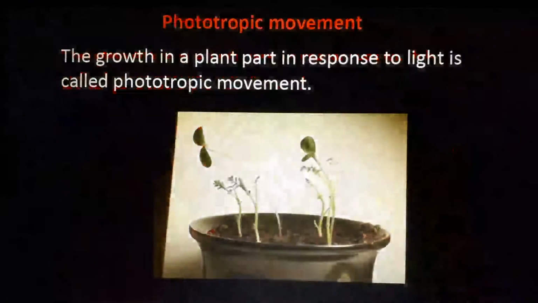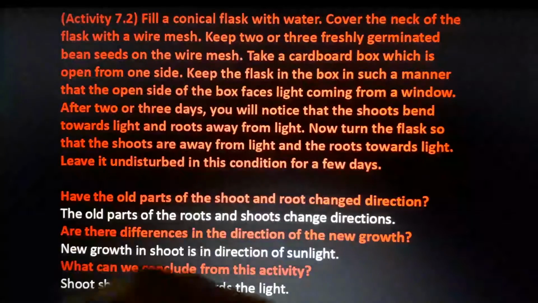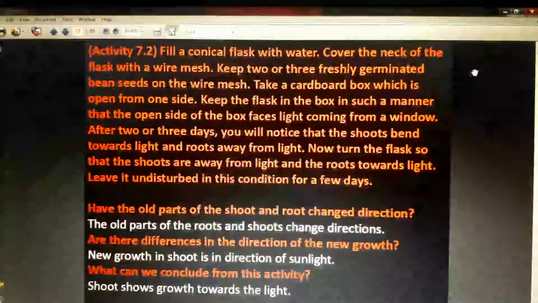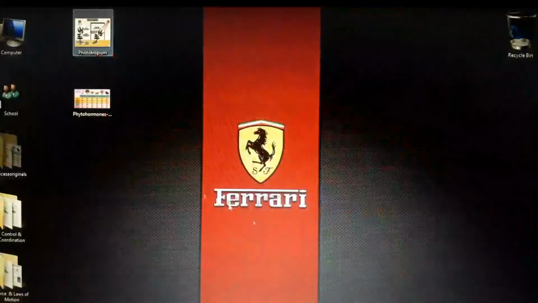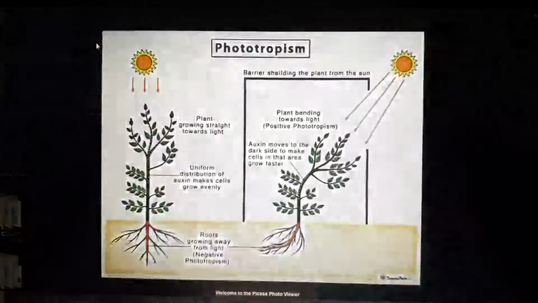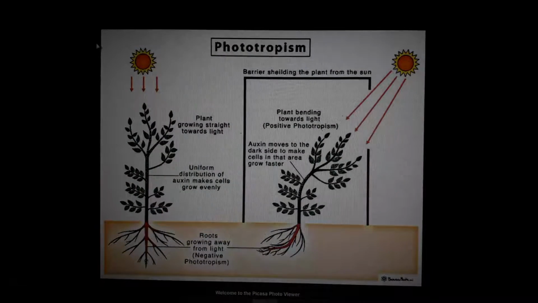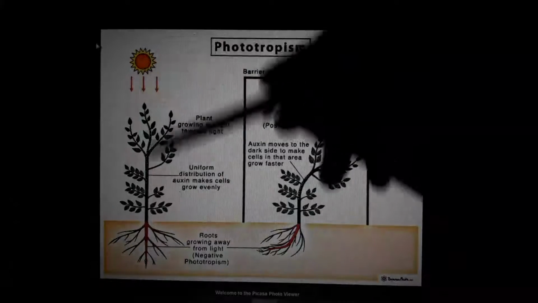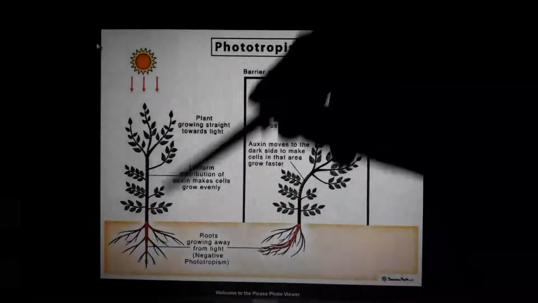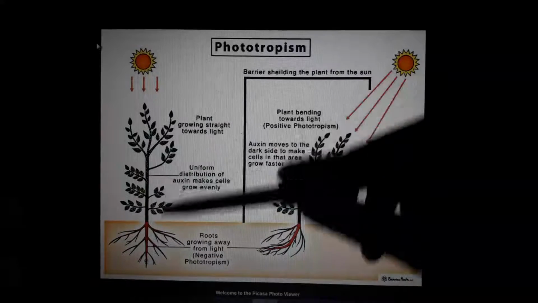It is very important. Understood? See, one more time I will show that photo. See, auxin is present in this part. Sun is coming from this part. Before, directly sunlight is coming, and everywhere auxin is distributed. Understand?